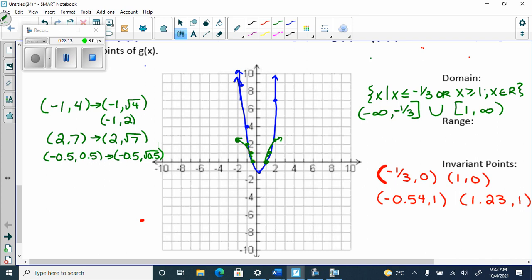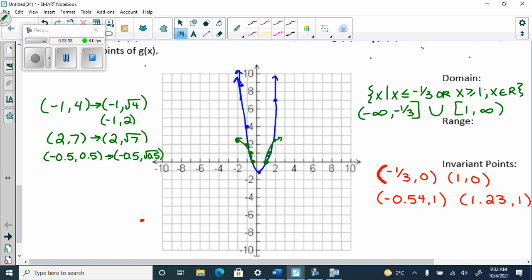So if you list them together as inequality symbols together, that means and. The only time you can list them as a sandwich, like negative 1/3 to 1, it means that the values fall between the two, which they don't. So if one shifts out this way, one shifts out this way, you have to list this inequality or this inequality.